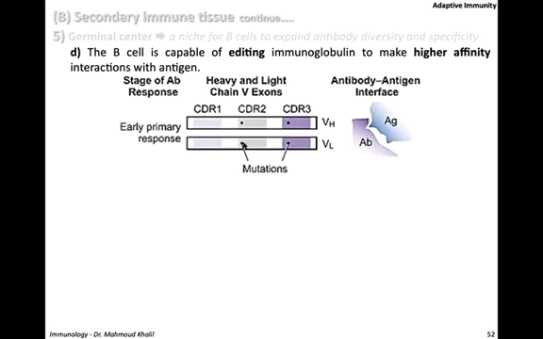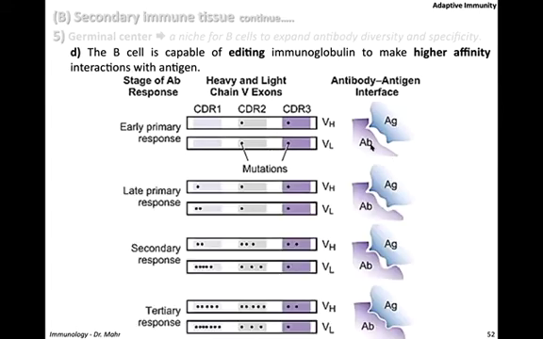For example, in an early primary response to the antigen, two mutations occur, and this resulted in this kind of affinity between the antigen and antibody. With a series of other mutations, in a tertiary response toward the antigen, the number of mutations has increased, and the efficiency of these mutations led to a very high affinity between the antigen and antibody.